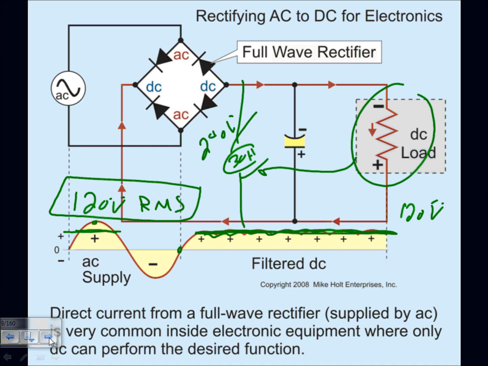The peak is square root of 2 times the 120. They decided that because it fluctuates, that particular value is equivalent to actually running this equipment at 120 volt DC for all practical calculations. Because the voltage goes from 0 here all the way to the peak, square root of 2 times 120, and back to 0 again, and all the way to the peak.